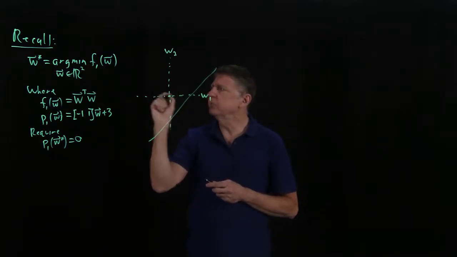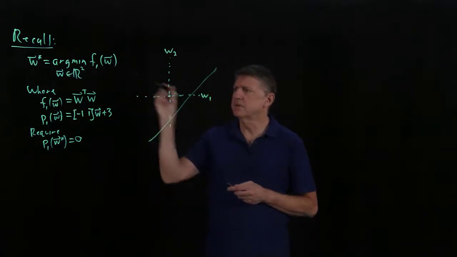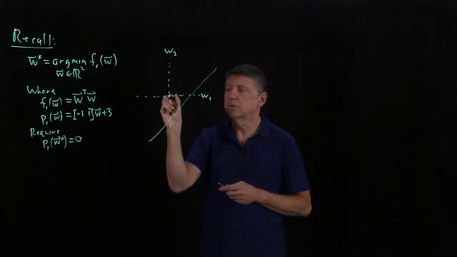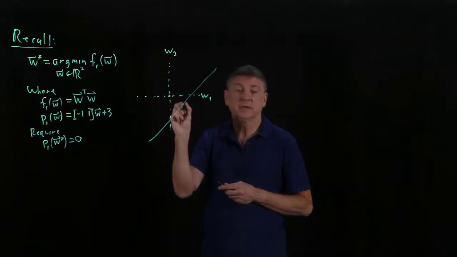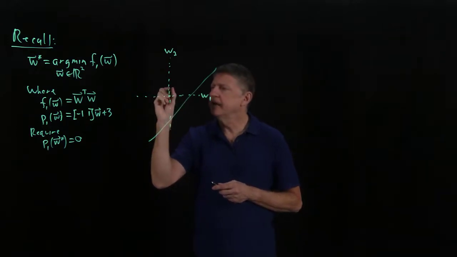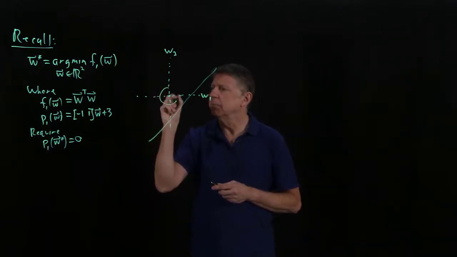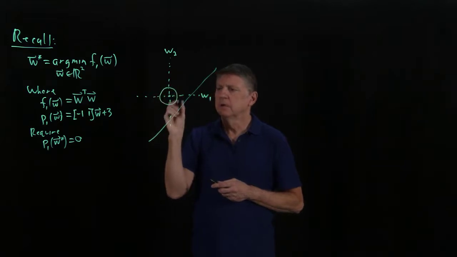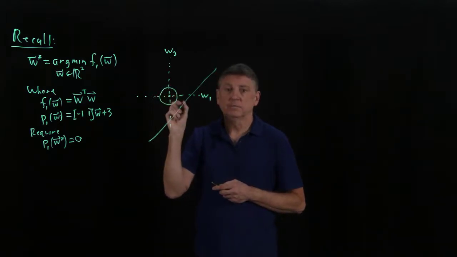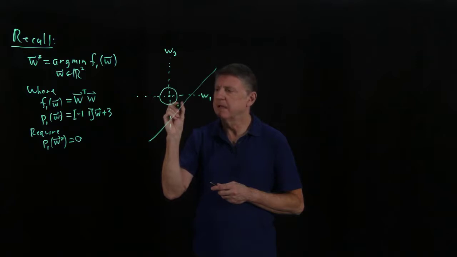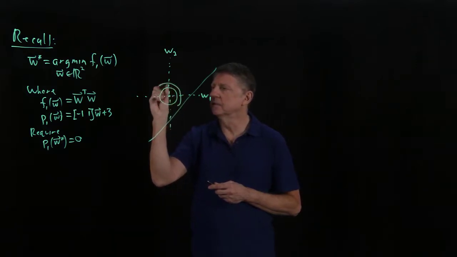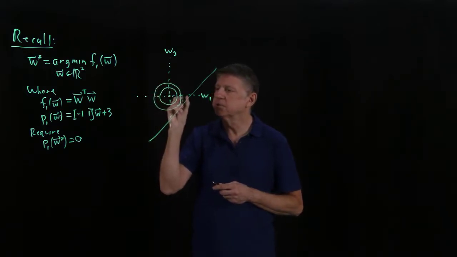And we can see that if we were to pick a level for the function, and the level was 0, that would just be the origin, and the origin isn't on this line. And then if we increase that a bit and we picked another level, this level curve still wouldn't have any points that are on that line. And if we increased it a little more, there would still be none.